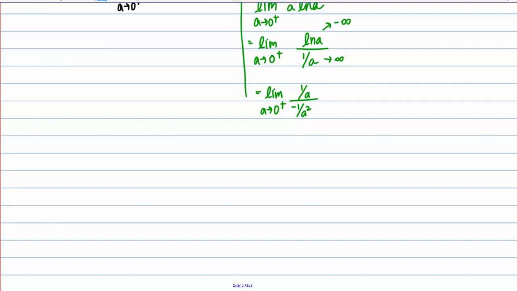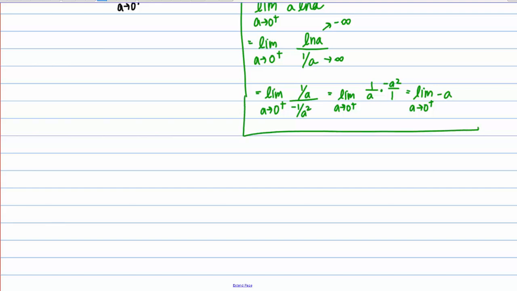I can simplify this by rewriting it, instead of division of fractions, as multiplication by the reciprocal. So it reduces to the limit as a goes to 0 from the right of negative a, which we can see is just going to give us 0.